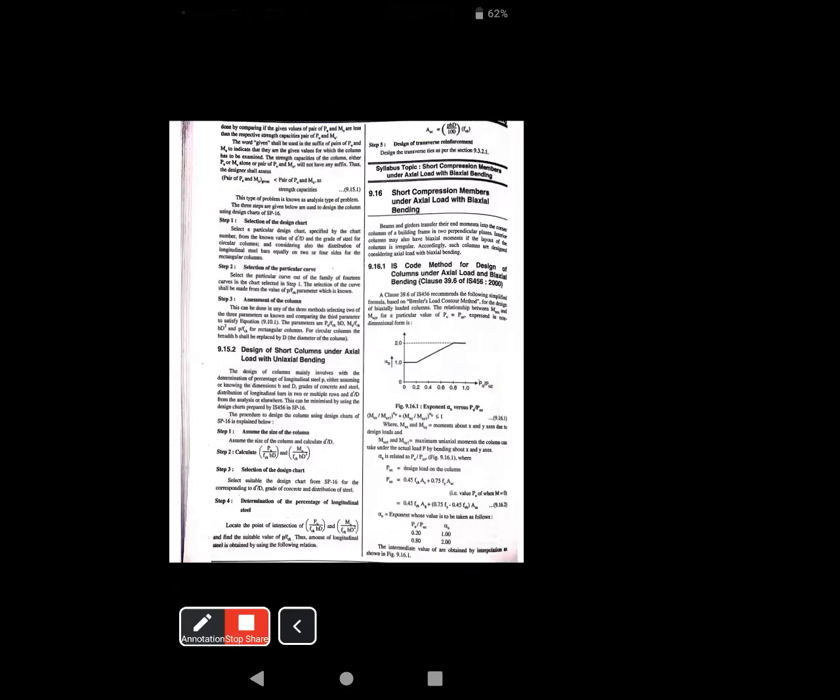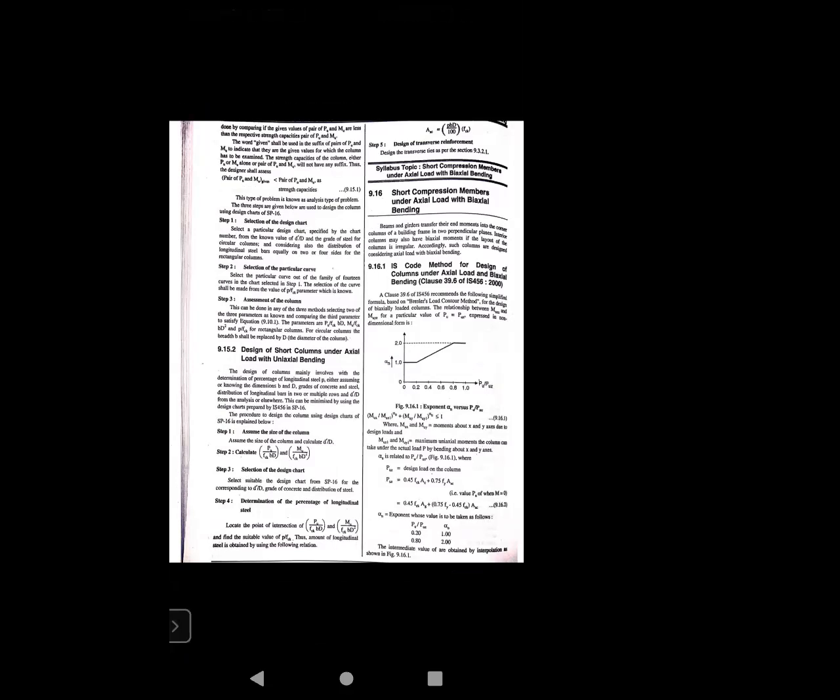Then you have to go for this analysis. There are many situations when you have to analyze the ultimate load and ultimate column moment interaction diagrams, and by comparing this you can find the respective strength capacities, the pair of Pu and Mu.